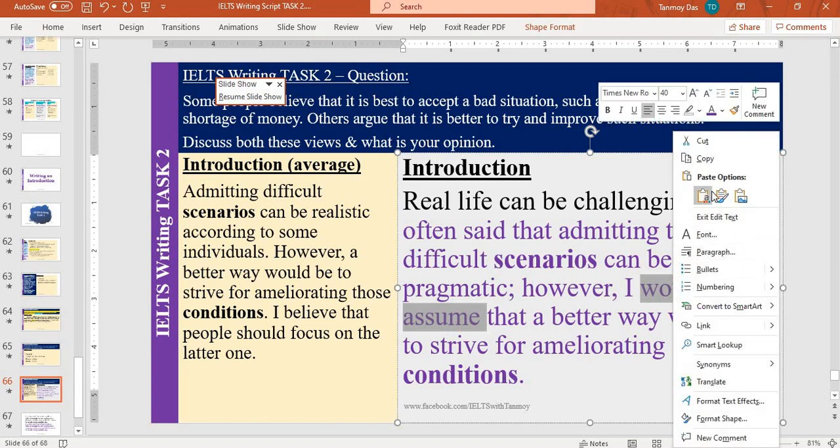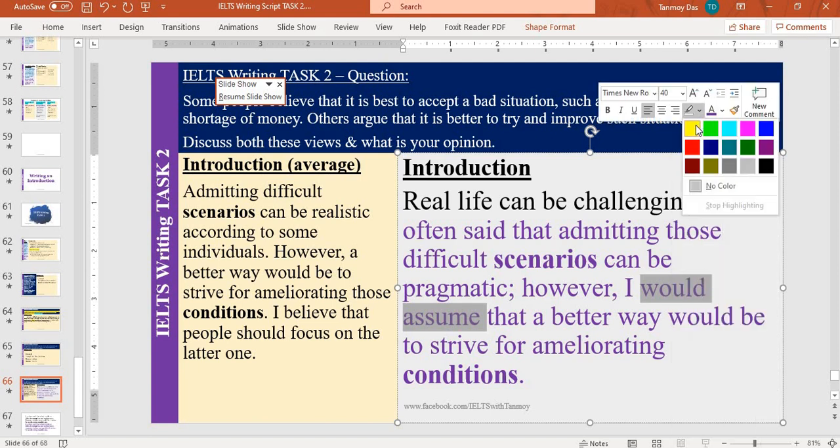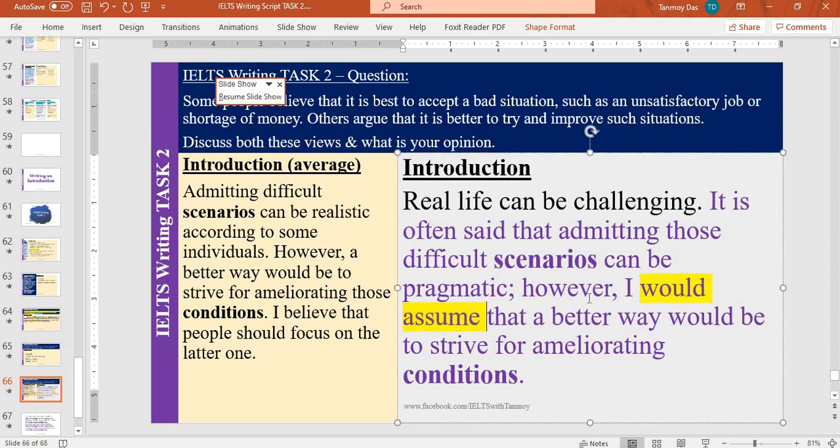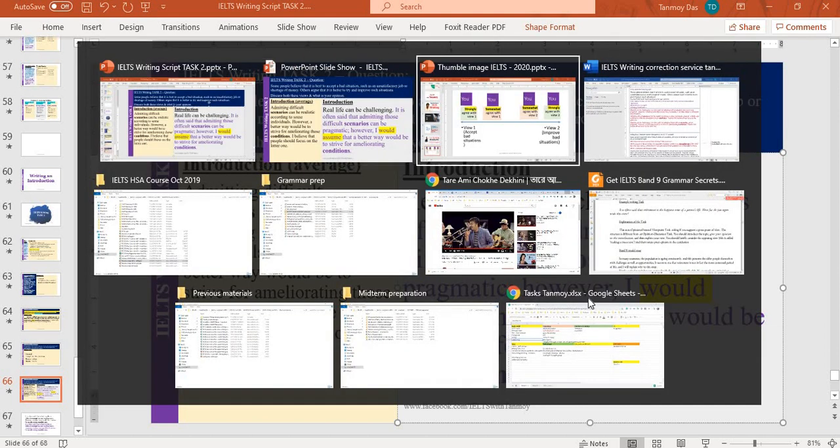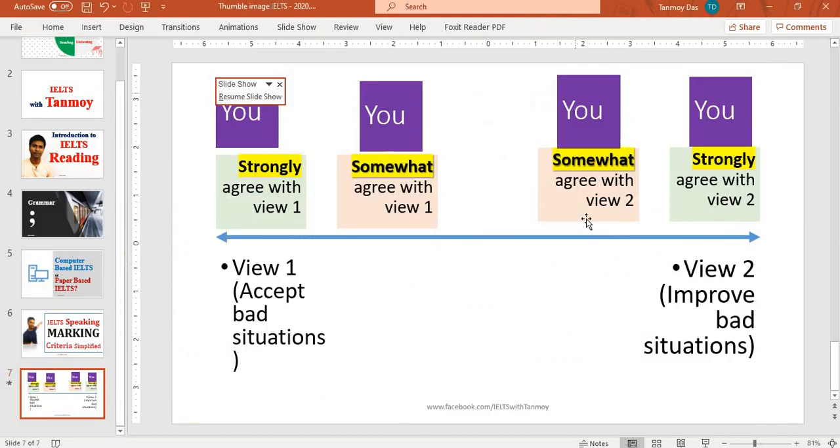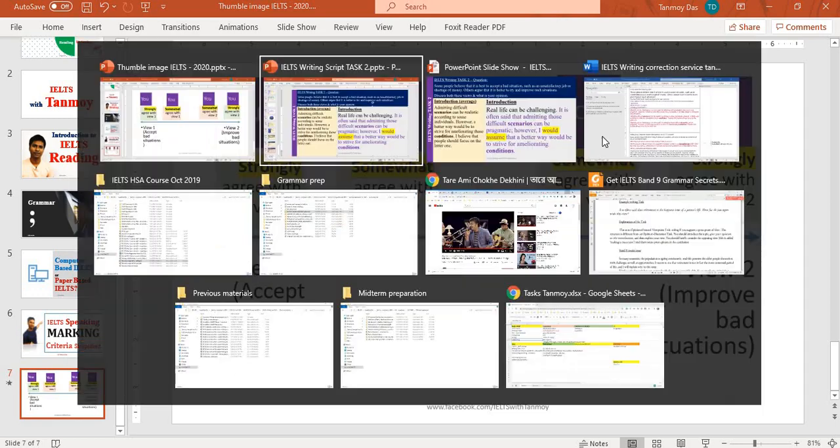This particular writing task 2 is asking for my opinion. So I must write my opinion. My opinion is I somewhat agree with the second statement. So I'm here. I somewhat agree with the second statement.